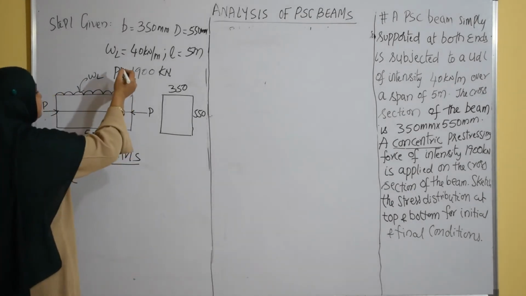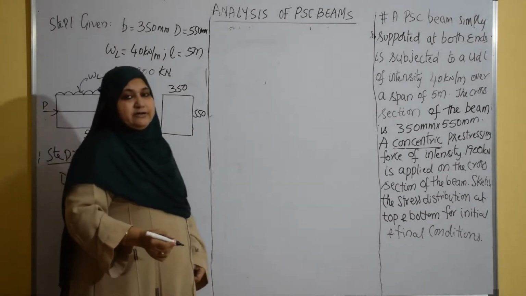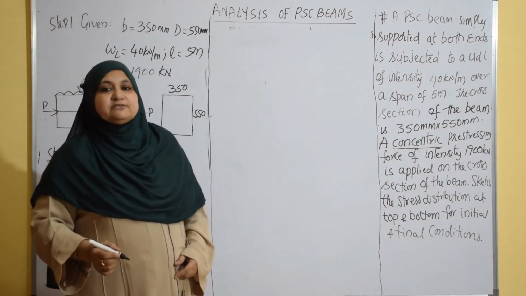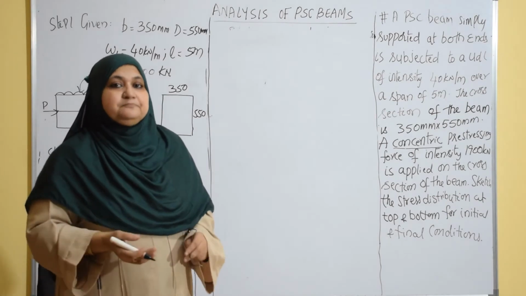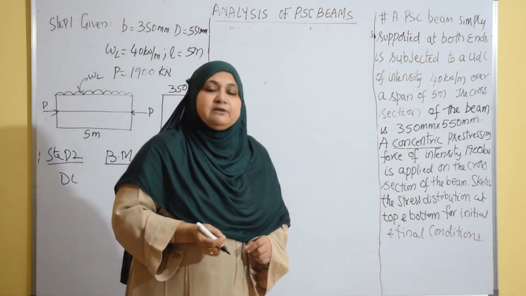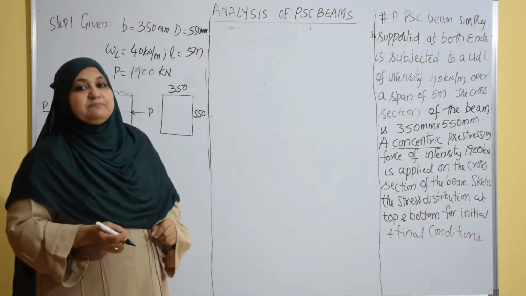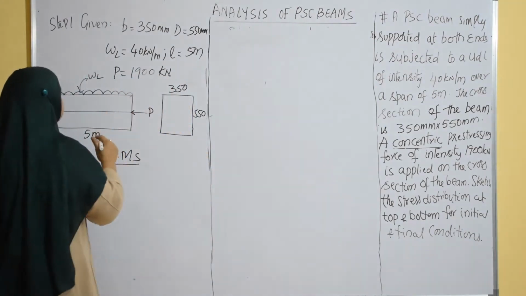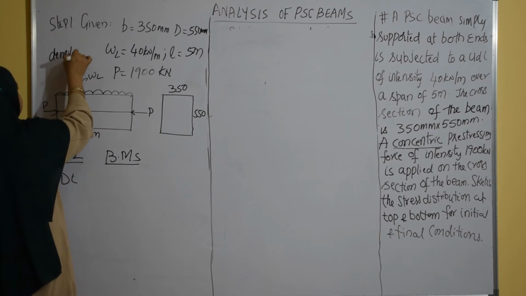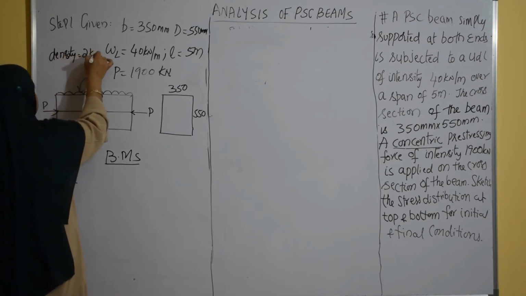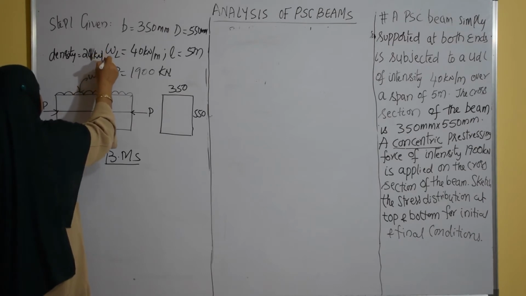Here it's plain concrete, which is what you use in pre-stress. It's not RCC. If it is RCC, then the density of concrete will be 25 kilonewton per cubic meter. In these cases, the density of the concrete will be 24 kilonewton per cubic meter, that is plain cement concrete.